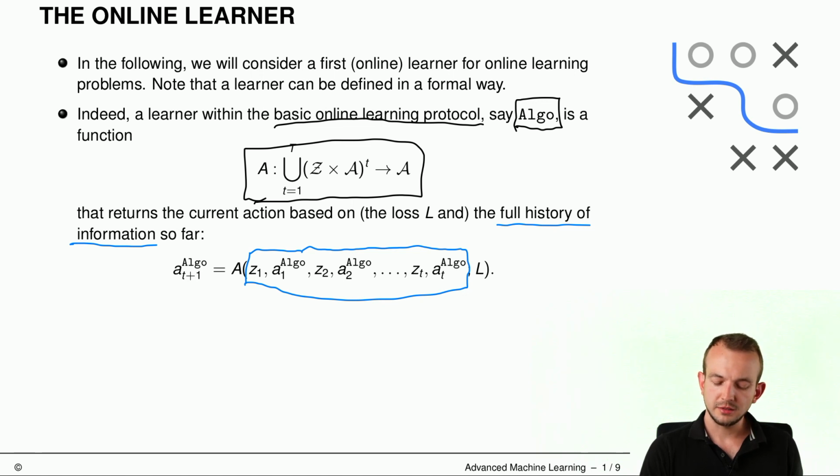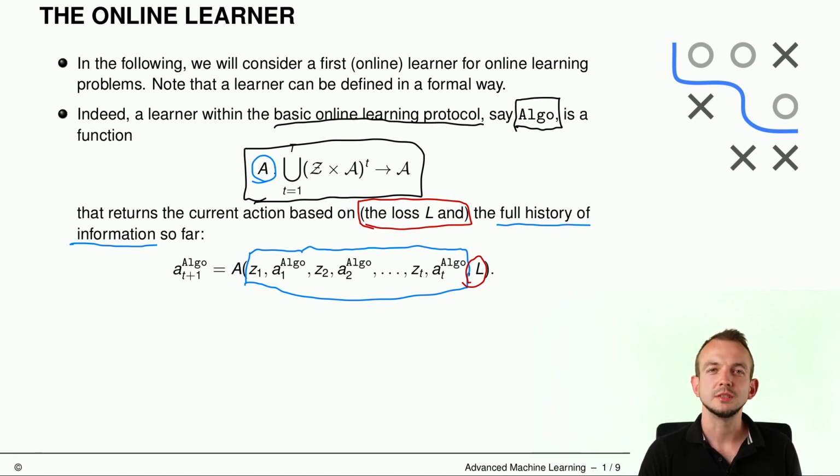This is plugged into this function A, and what we receive is another action, and this is the action the algorithm algo is using in time step t+1. Here we have implicitly, or rather explicitly, taken into account that this mapping A is also considering the loss.